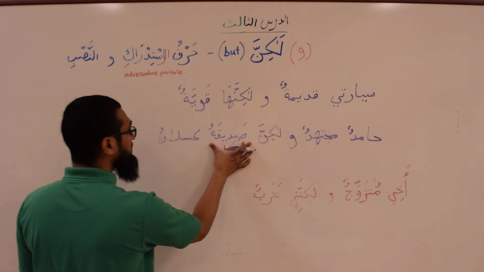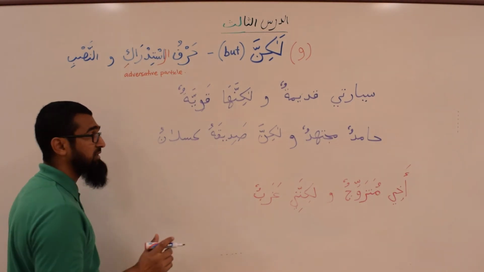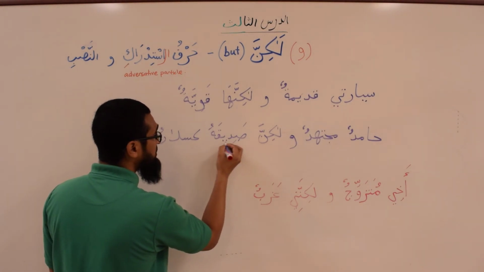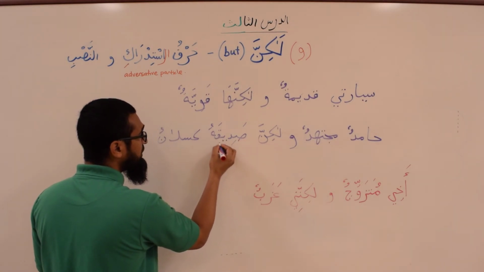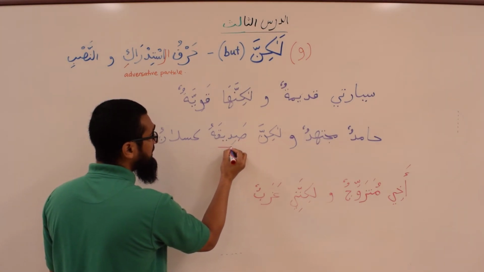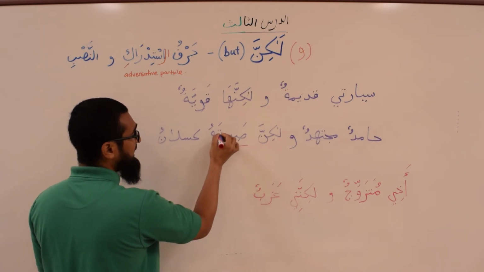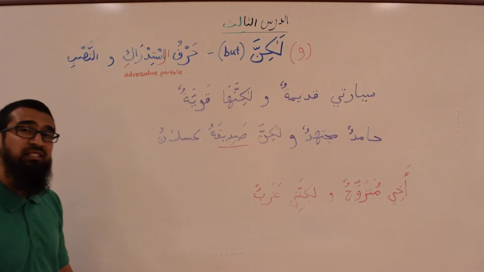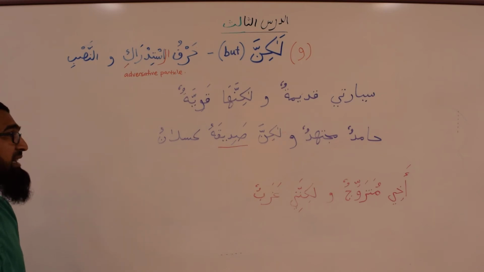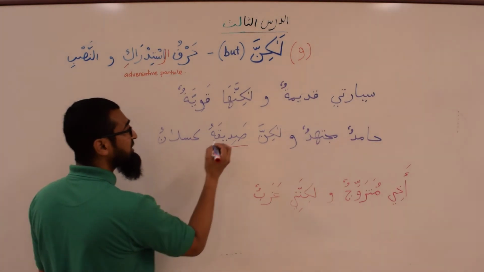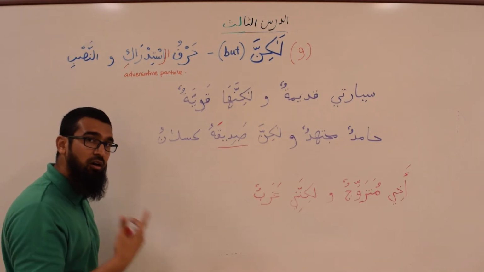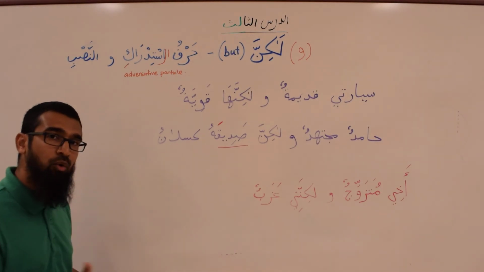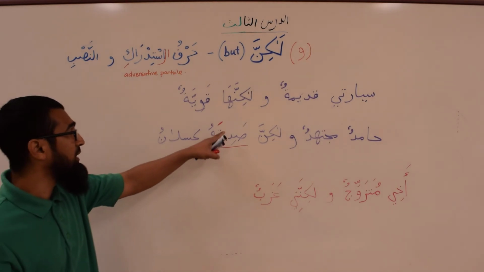Is it this whole word, صديقه? No, it's not. Remember, صديقه is made up of two words, مضاف and مضاف إليه. صديق and the ha. So this word صديق, which ends on the qaf, is the word that is mansub, and that is ism lakinna. And because it's mansub, it took a fatha. It could have been صديقه, but instead, we put a fatha.